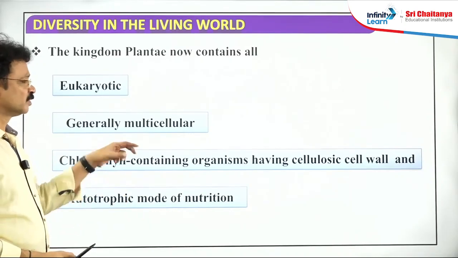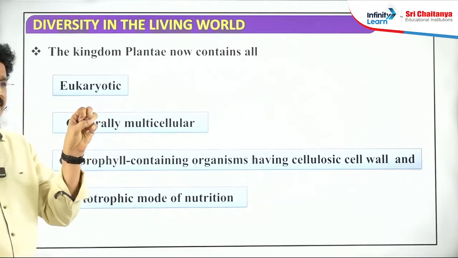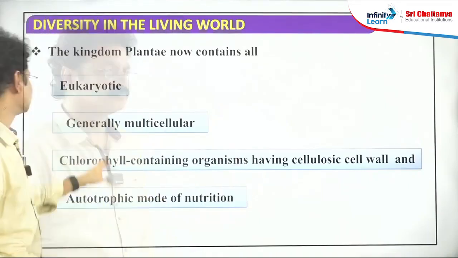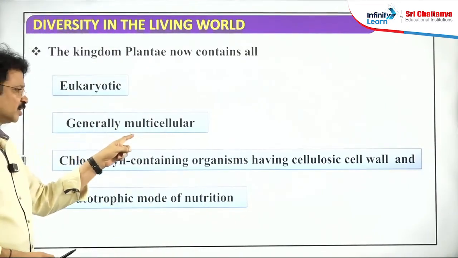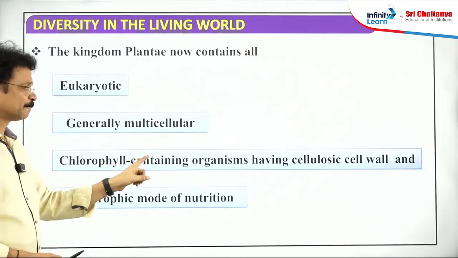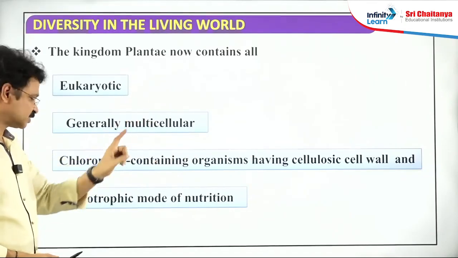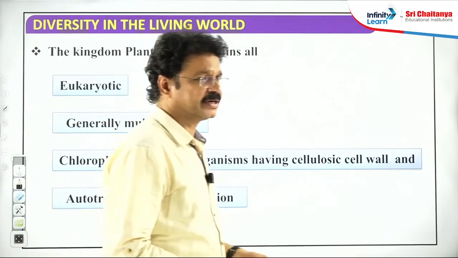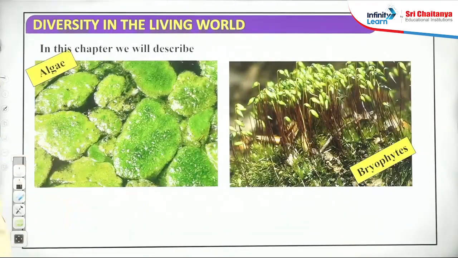Note down the 5 commonest characteristic features exhibited by all the members of the plant kingdom: eukaryotes, multicellular, chlorophyll, cellulosic cell walls, and autotrophic nutrition. Okay, completed. These are algal members.